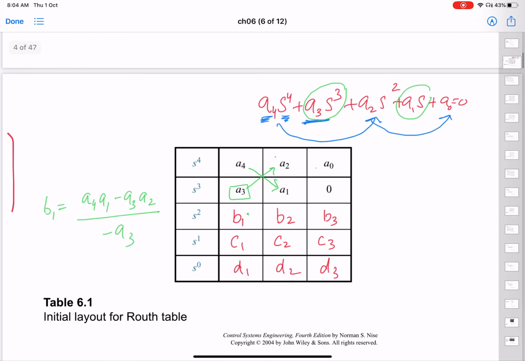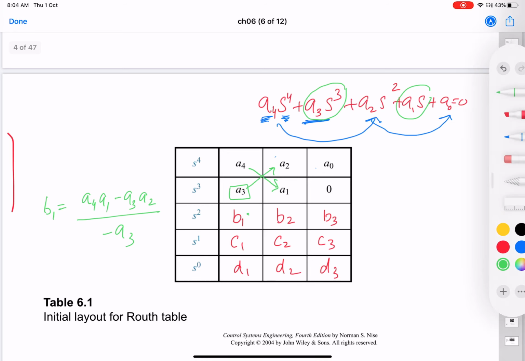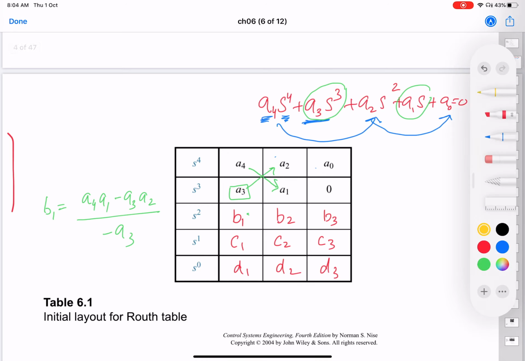So this gives us B1. B2 is formed by doing the same thing: a4 with 0, a3 with a0, and dividing by a3.